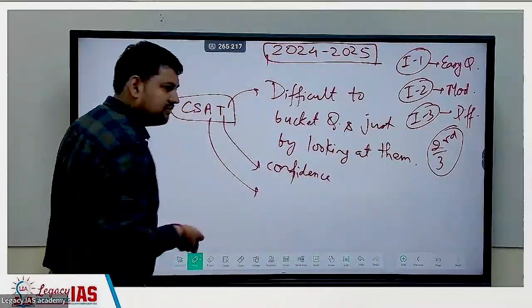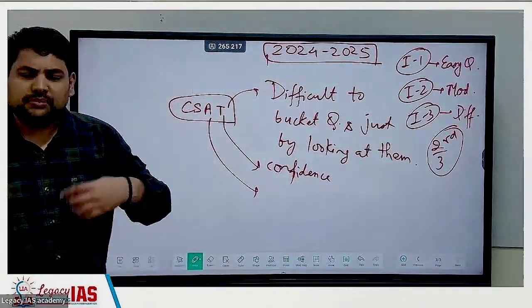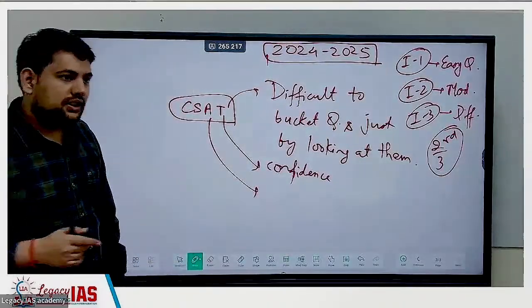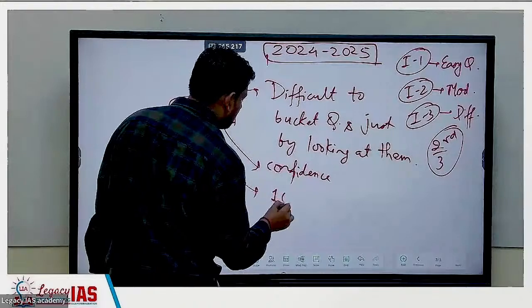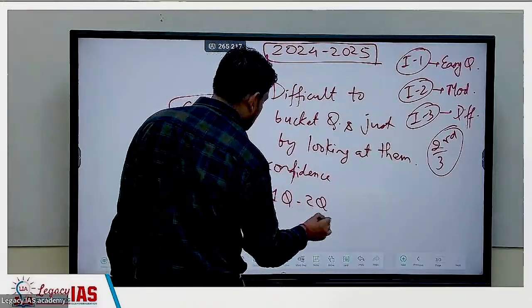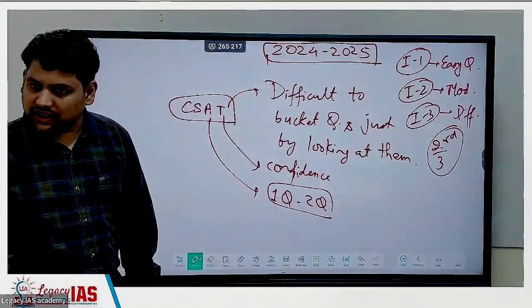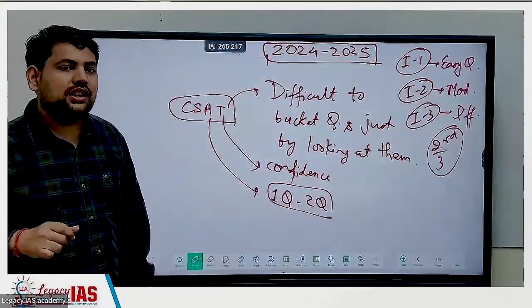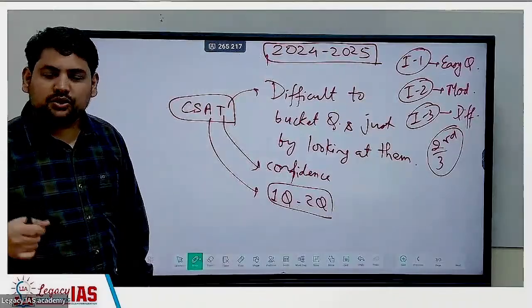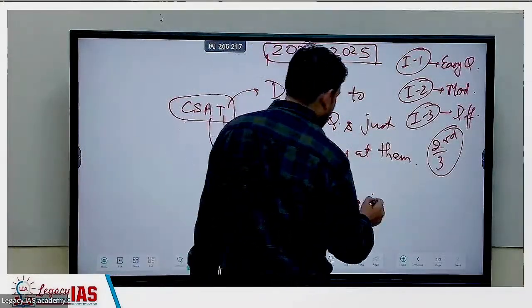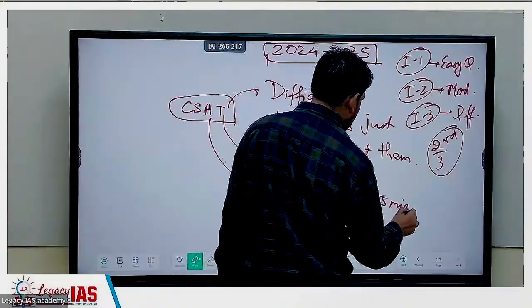And one major thing: if you ask people who were unfortunately not able to clear CSAT, they would tell you, sir, in that one or two questions of math or reasoning, it looked like it came directly from my notes. It looked like something I would be able to do easily, and I got stuck in it and spent more than 5 minutes on it.